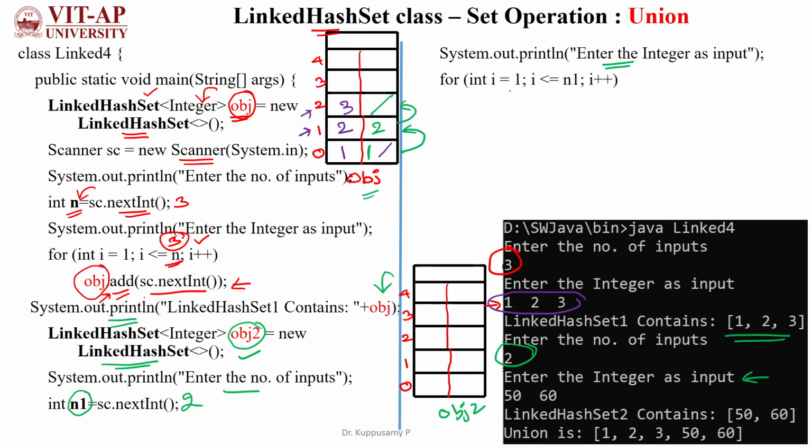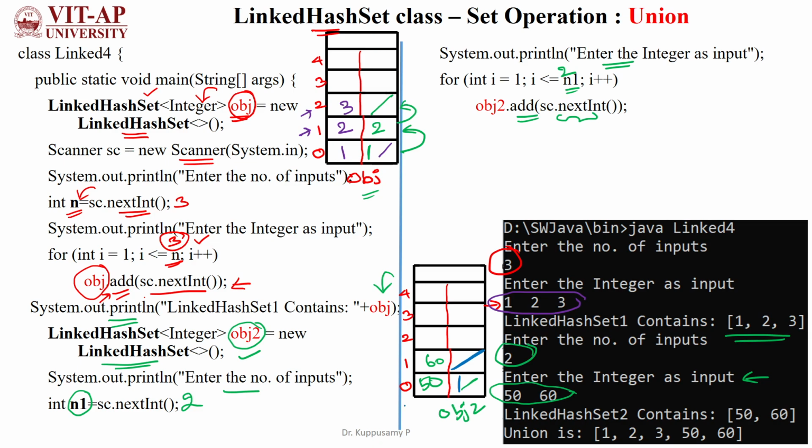A for loop is used here to receive the inputs, for n1 number of inputs. Then using the add method I am receiving the runtime inputs here, 50 and 60. So 50 and 60 are stored in obj2. By default this value is null, but now it has a link to the next node. So this will be entered as 1, and here it has null.